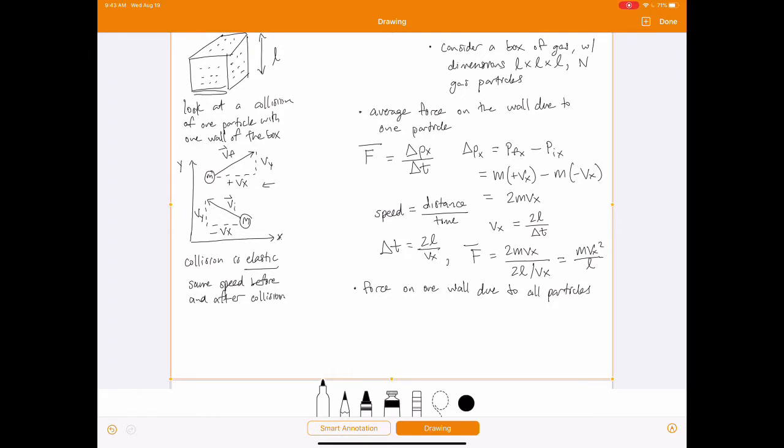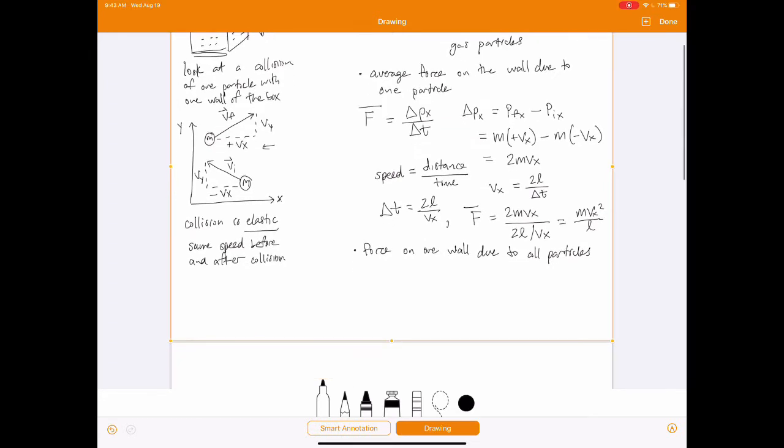Okay, not just one. Well, in that case, what I would have to do, let's say this is F total, is add up all of these different force terms. Each one of them looks like m times Vx squared divided by L, but I have to add them all up for all the different particles. Okay, so we have a big sum coming up.